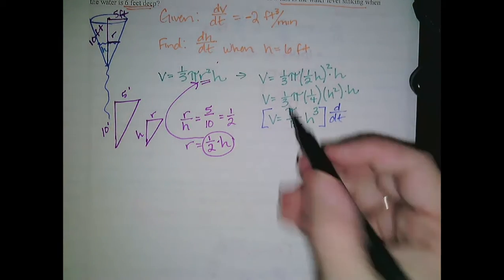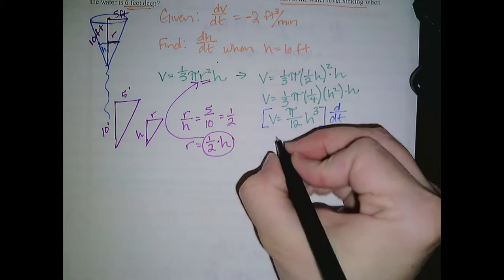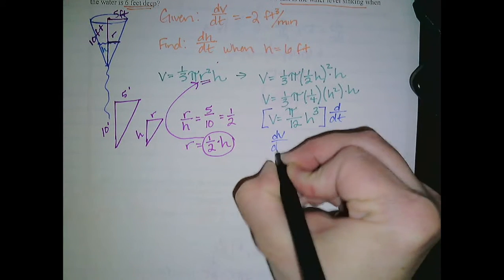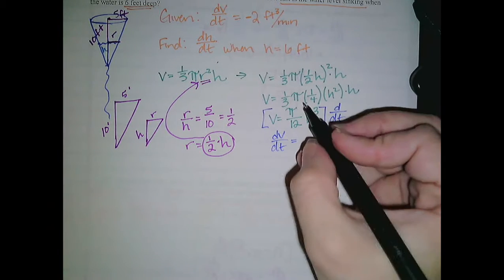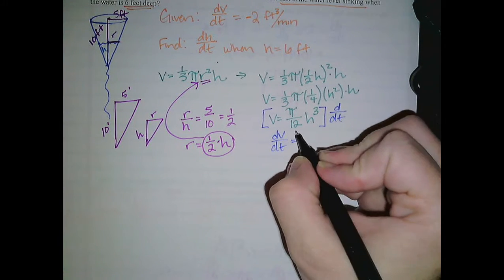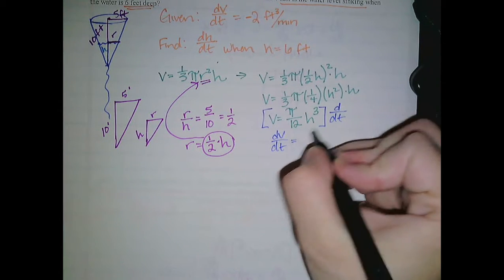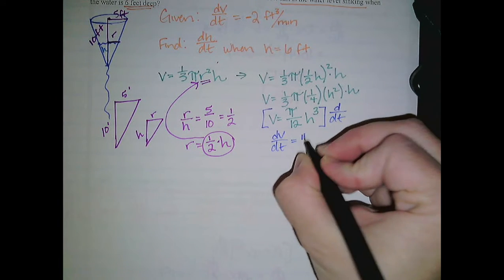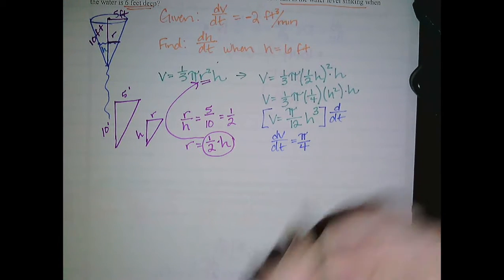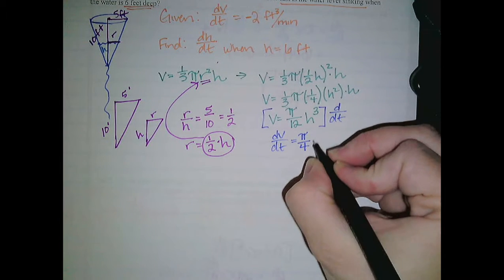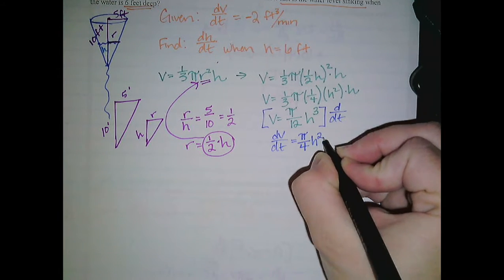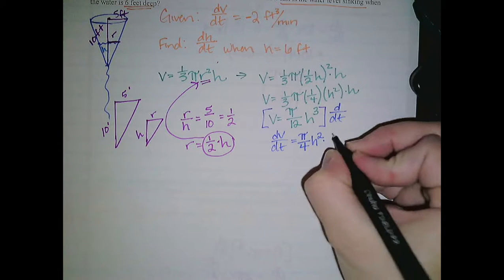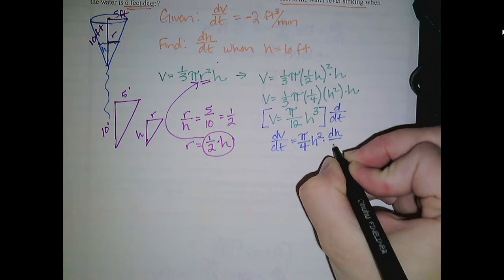So I have the derivative of v with respect to t, which is dv dt, is equal to pi divided by 12 times h cubed. So when I take the derivative of that, I'm going to have 3 over 12, or pi over 4. Decrease the power of that by 1, so h squared, times the derivative of h with respect to t.